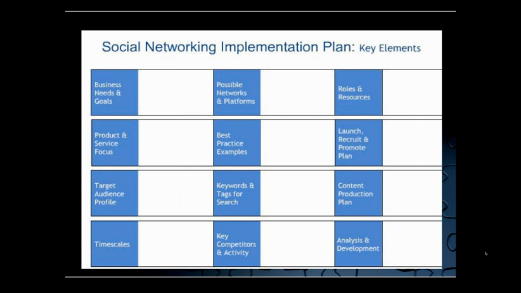Go through your roles and resources. Go through this whole page with your team. The whole marketing plan goes through the process with your team. So if you have a small business, it's just not going to be you doing it. You have to have your team together and you have to be doing all of this together.